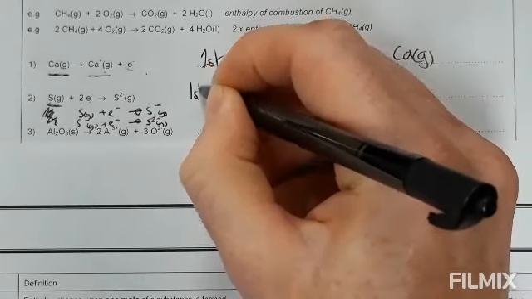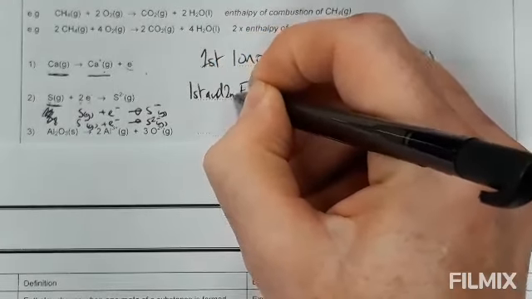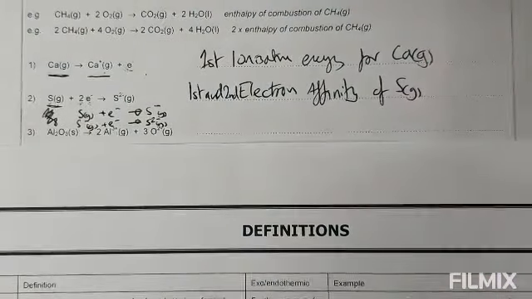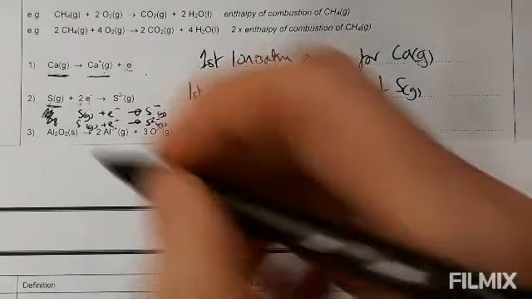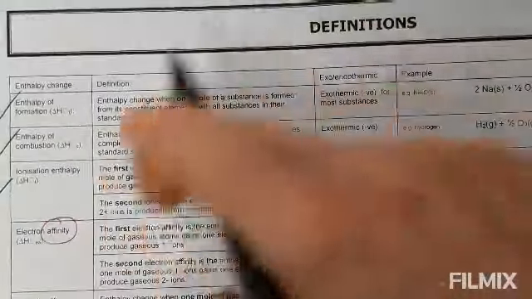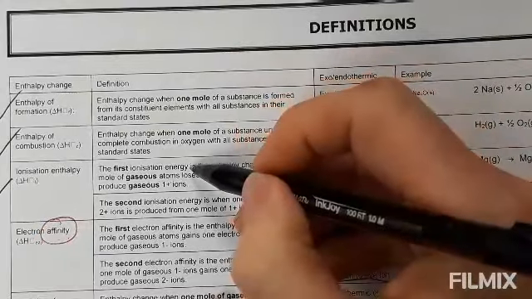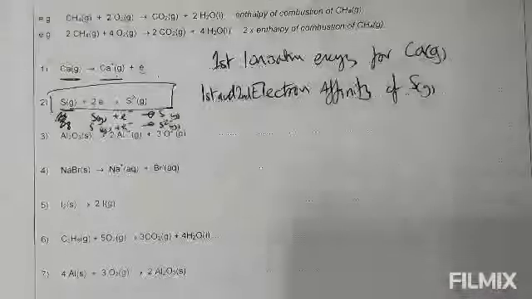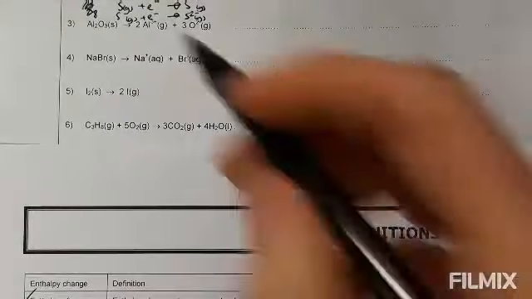This is first and second electron affinity of sulfur. Alright? This equation does not match any of these on the sheet. It's a combination of the first and the second electron affinities.